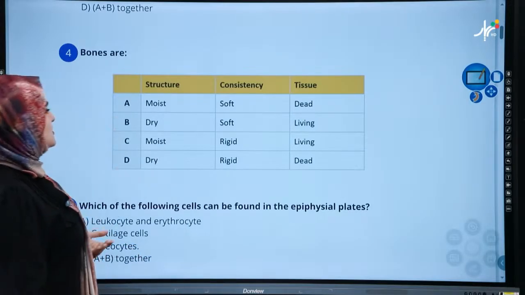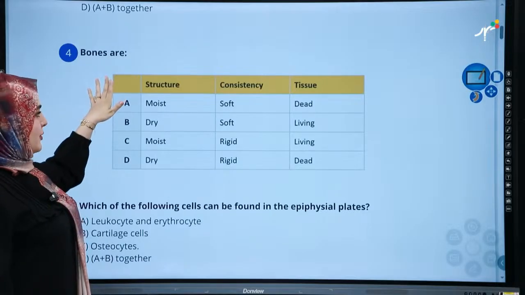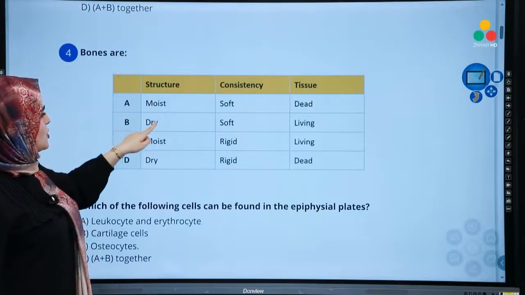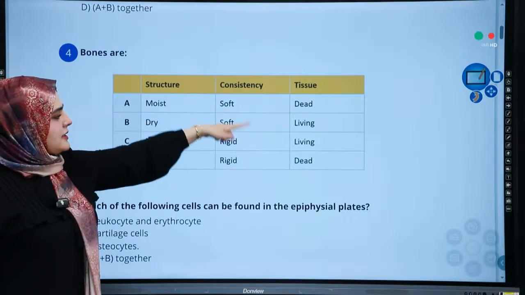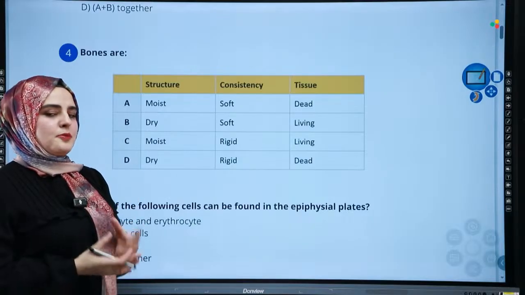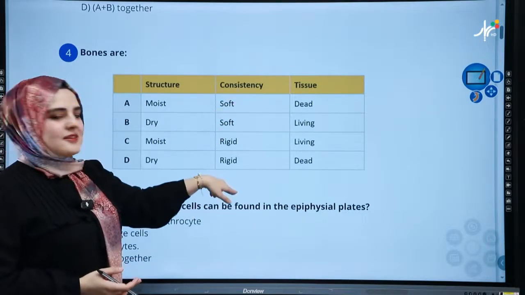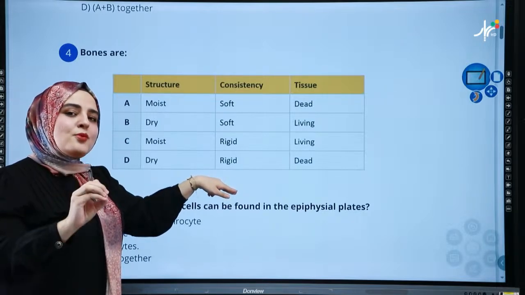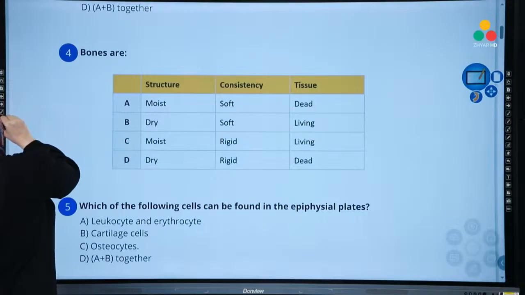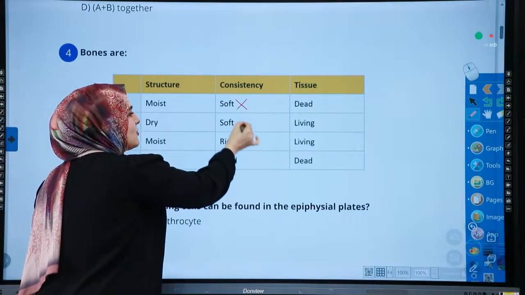Let's try to answer this question and you will see. We're talking about bone, and there is structure, consistency, and tissue. Here it says moist or dry, soft or rigid, dead or living. Let's say that you're not too confident about your information, but one of these is easy to spot: the consistency. We all know that bones are rigid, they're not soft, right? So once you decide that, it means that the softs are wrong.